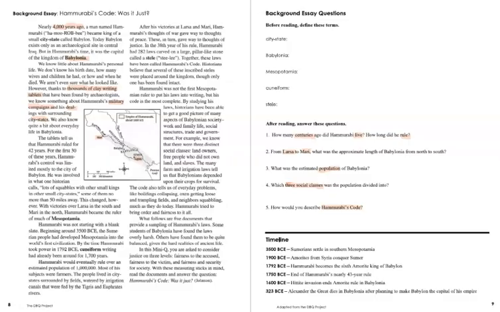We also know a bit about everyday life in Babylonia. The tablets tell us that Hammurabi ruled for 42 years.